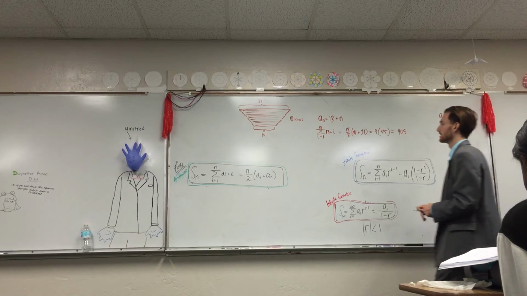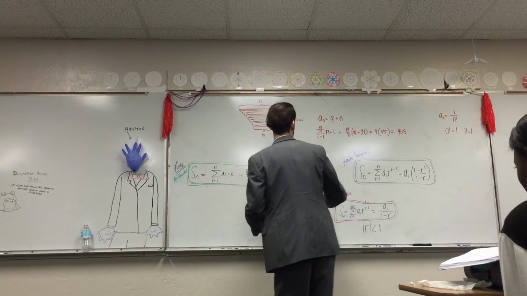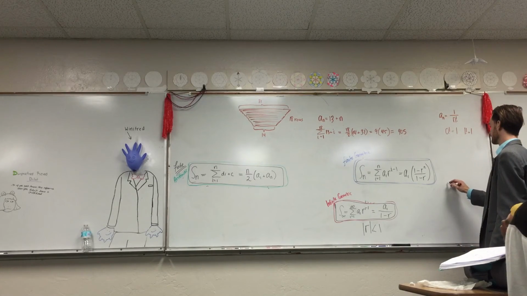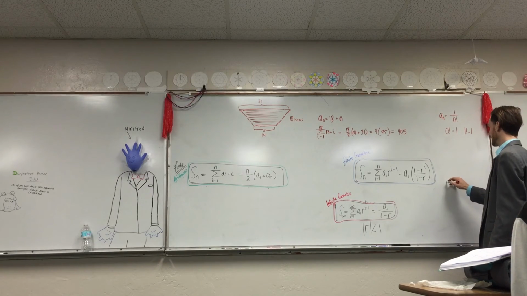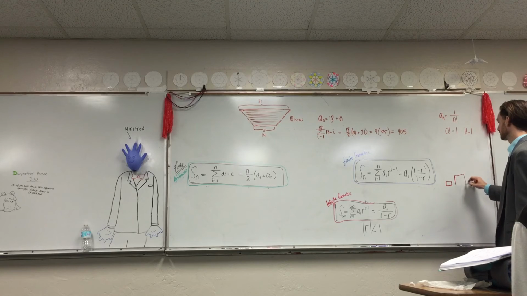What could I do for a geometric sequence that's going to be easy enough? I could say, for instance, I have a block, and the area of the block doubles each time, okay?